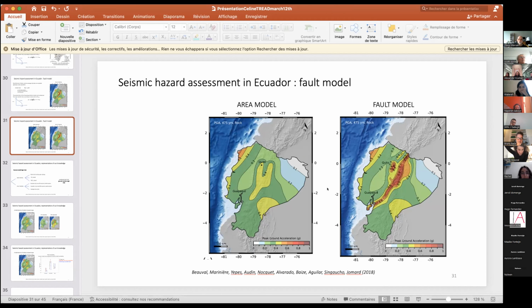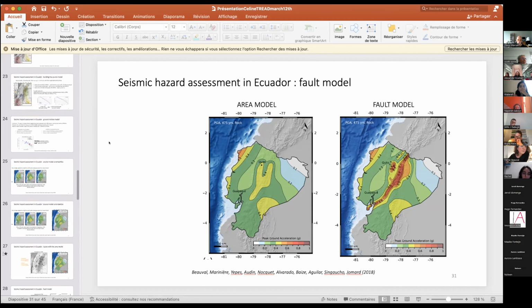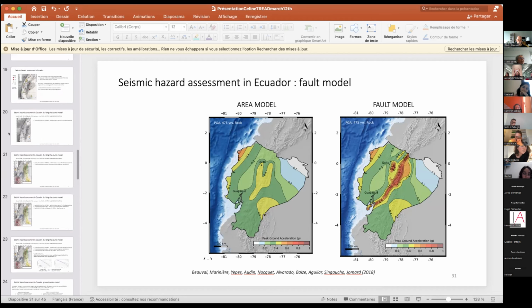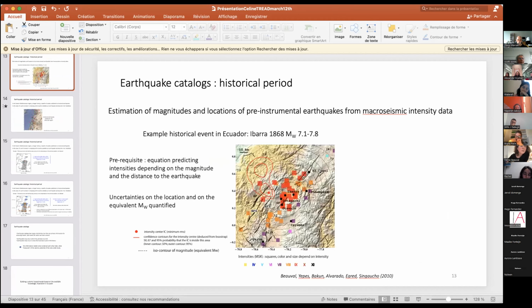Can I ask you just one question? You have to go. Is it the depth of historical earthquakes? How do you decide? You mean for Ecuador? When we were working on this data set in Ecuador, we didn't believe we could discriminate the depths. So we were looking for the magnitude and the location for a fixed depth, like 10 kilometers, because they are crustal events.